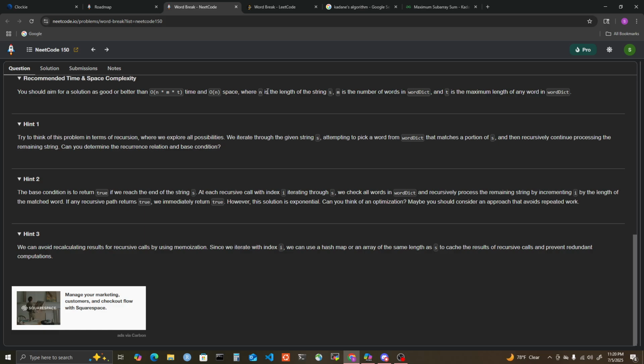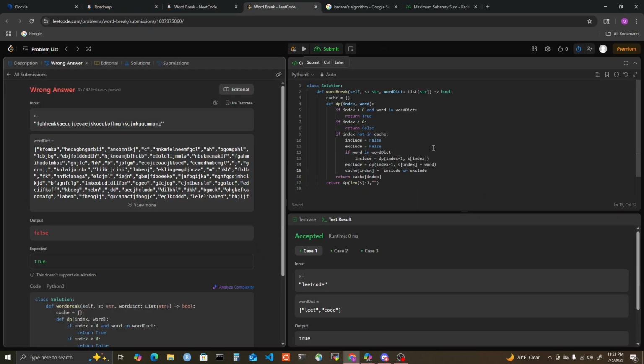Base condition is to return true if we reach the end of the strings. Is that not what I'm doing, but just a smarter approach with the for loop?